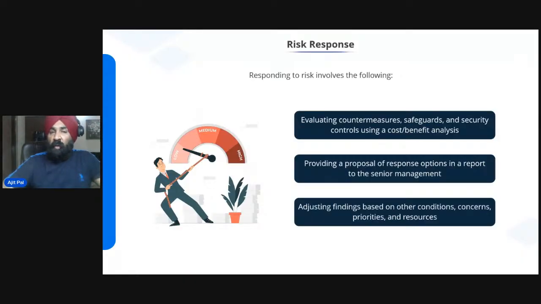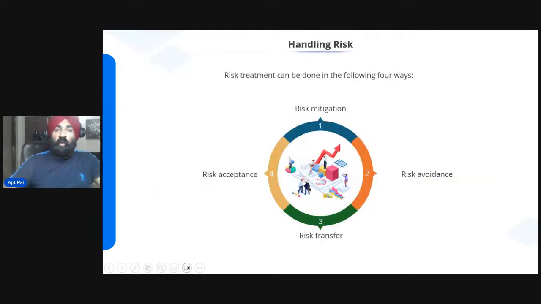You have an option of two-factor authentication, security awareness training, or increasing the password complexity. You will not take the decision. You will provide the proposals to senior management, and management will decide whether to go ahead or not. So there are four ways of handling the risk: risk mitigation, risk avoidance, risk transfer, and risk acceptance.